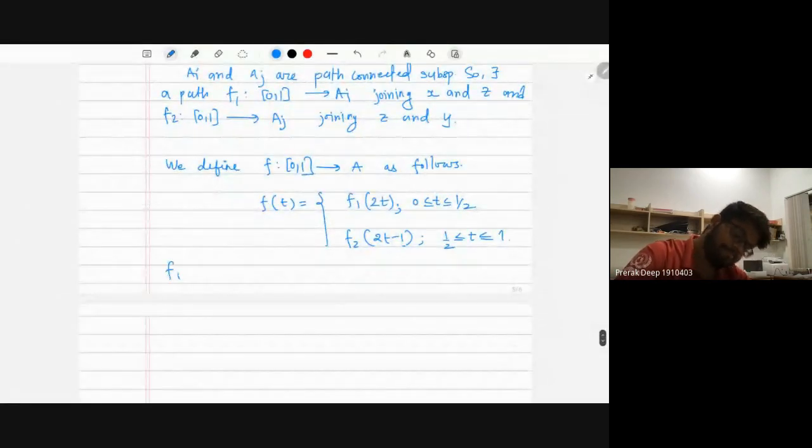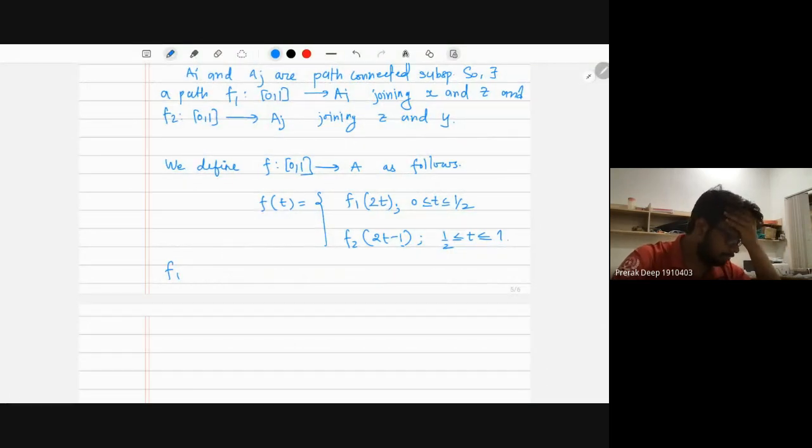f1 of t is equal to f2 of t on the intersection of these things.